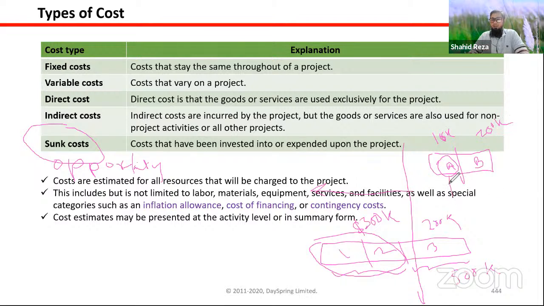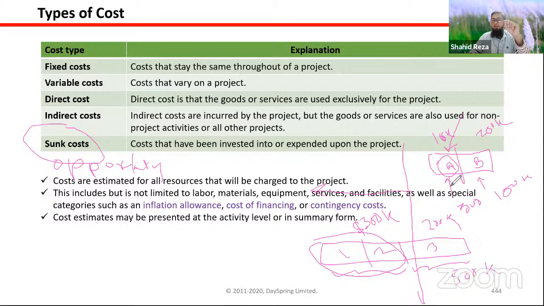But for both projects, if you want to do both, say it will take 500K to complete one and 100K to complete the other. Cost will be this. So if management does not have the capacity to do both projects, then management will decide, say for example, to do project A only.